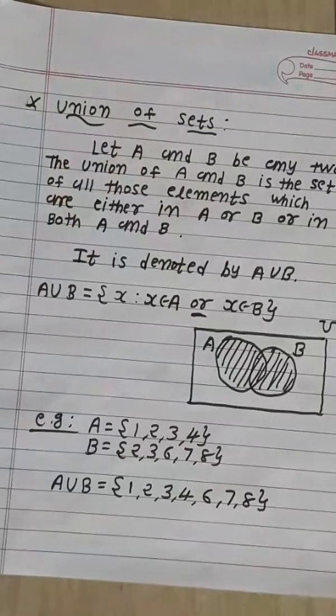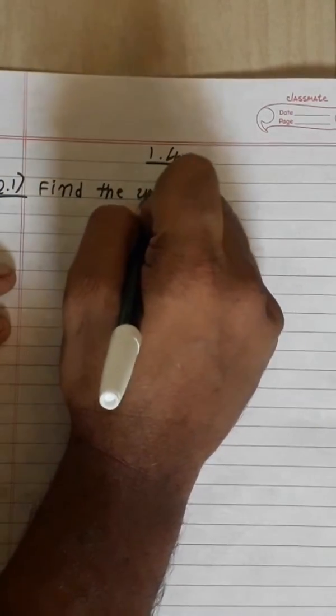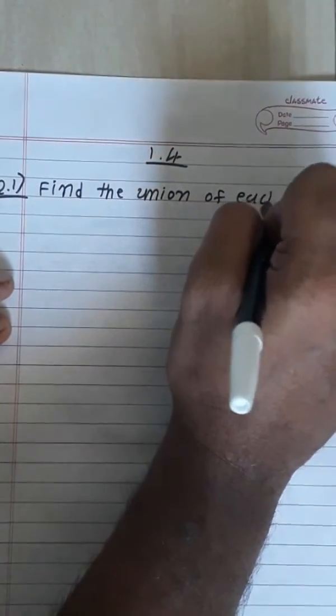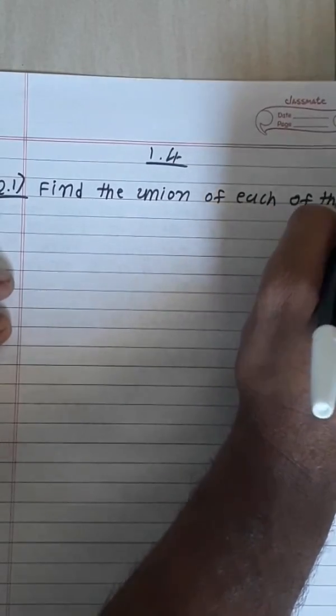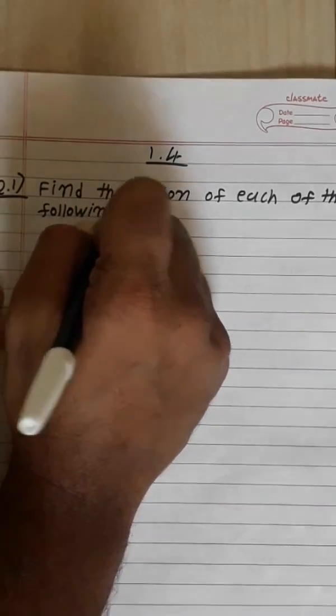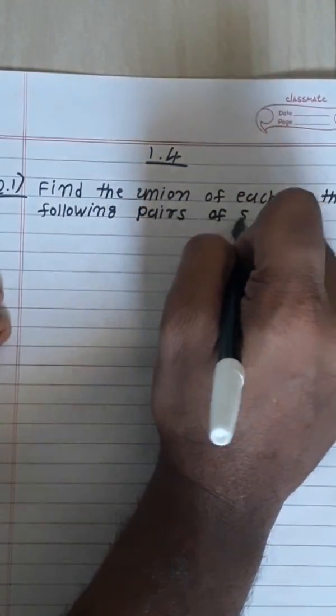Now let us discuss one more example. Exercise 1.4, question number 1. Find the union of each of the following pairs of sets.